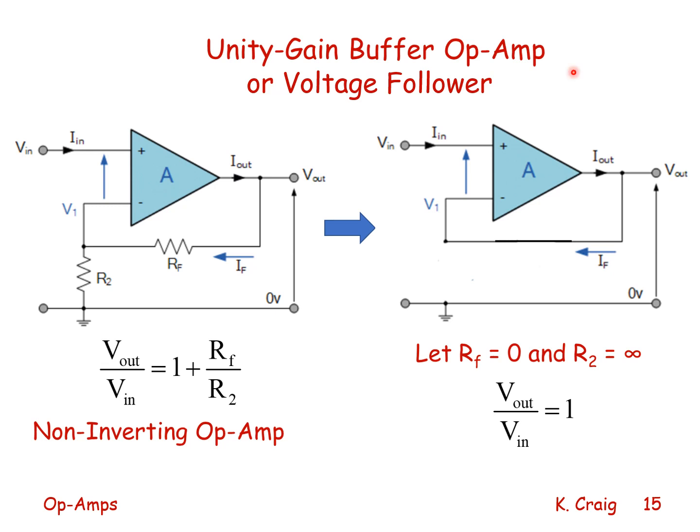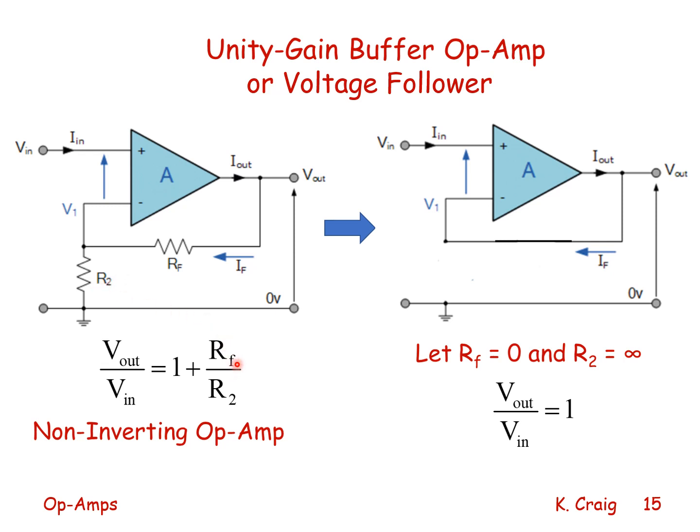Unity gain buffer op amp, or voltage follower. We just analyzed the non-inverting op amp, where Vout over Vin is equal to 1 plus the feedback resistance divided by R2.